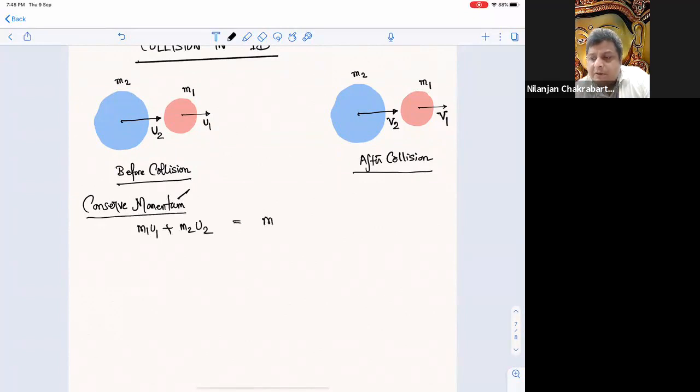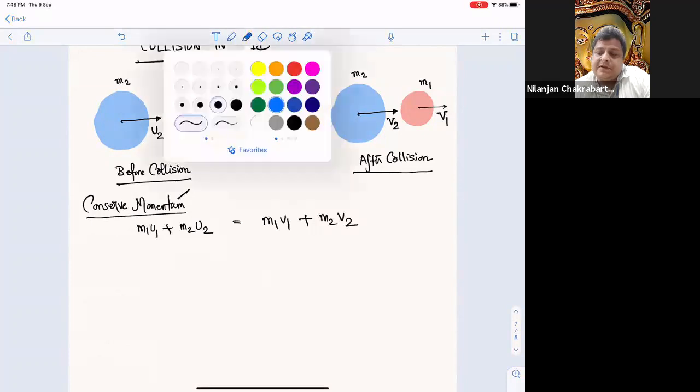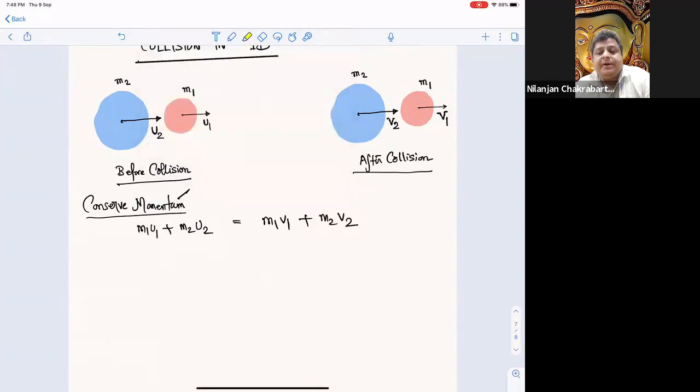After collision, m1 v1 plus m2 v2. This is the expression we got by conserving momentum.